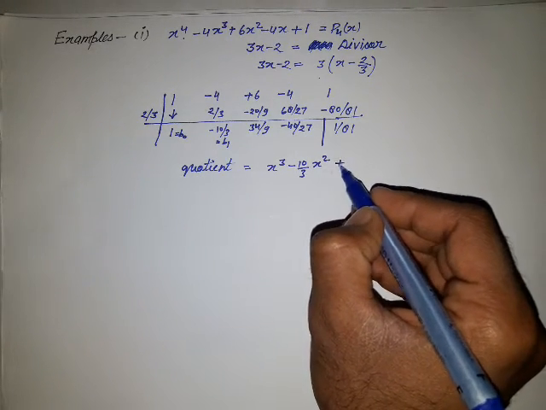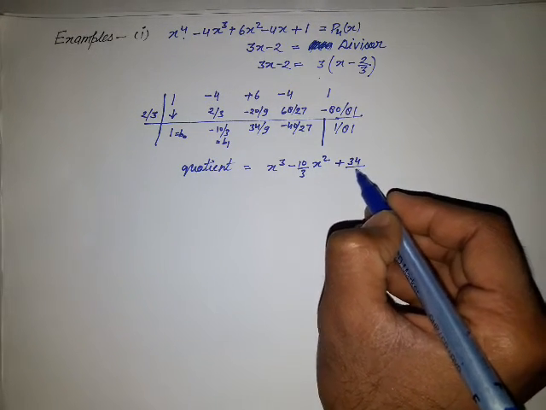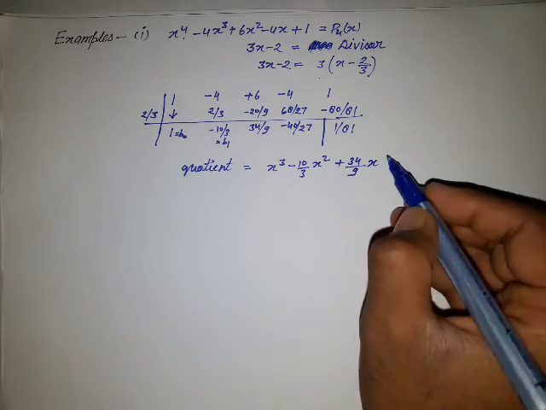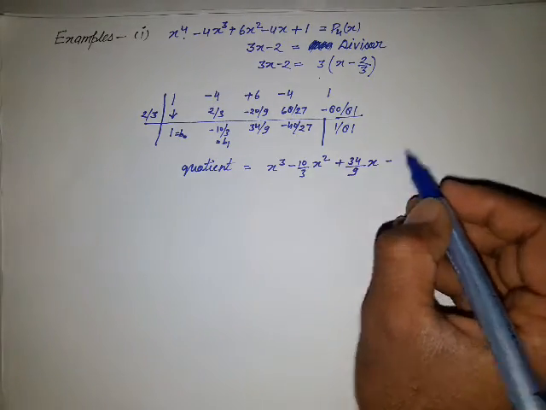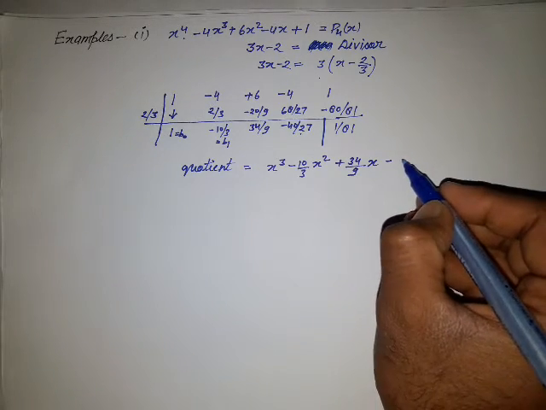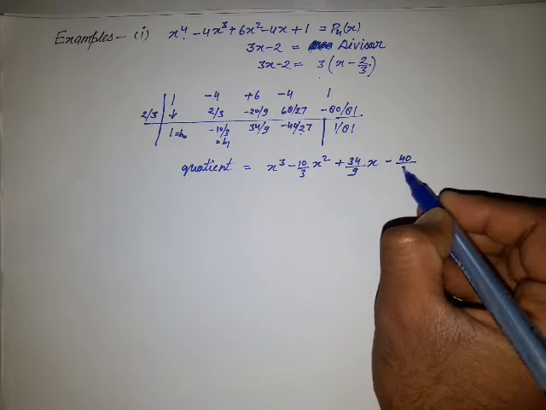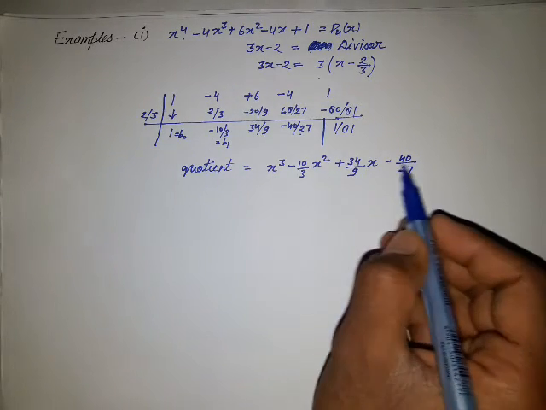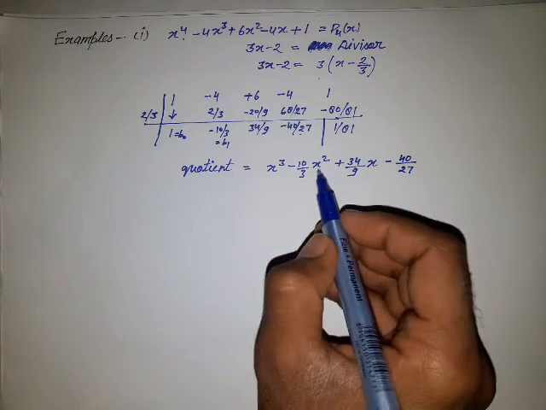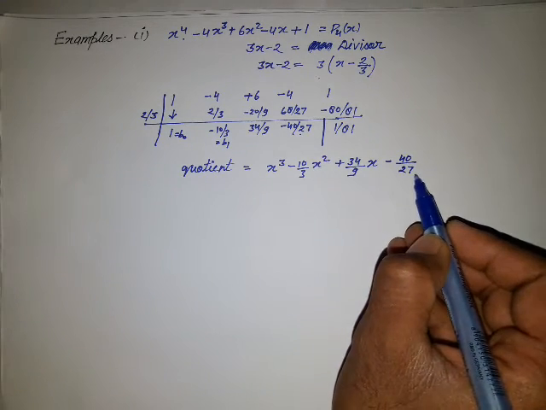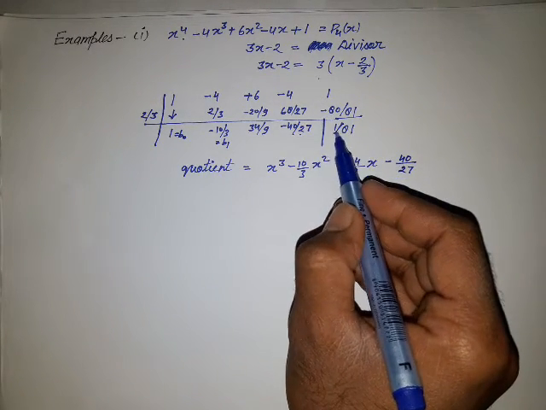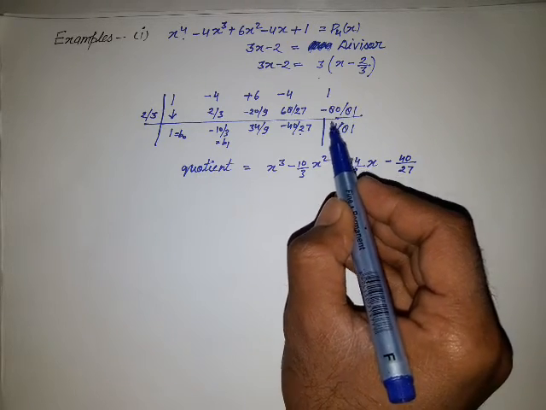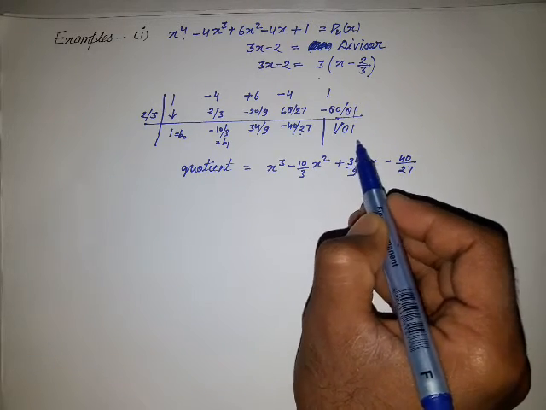The next coefficient is 34 by 9, and this is the last term, which is constant. So 1, 2, 3 and 4 terms, and our quotient is complete. So this is the remaining term, and this should be our remainder.